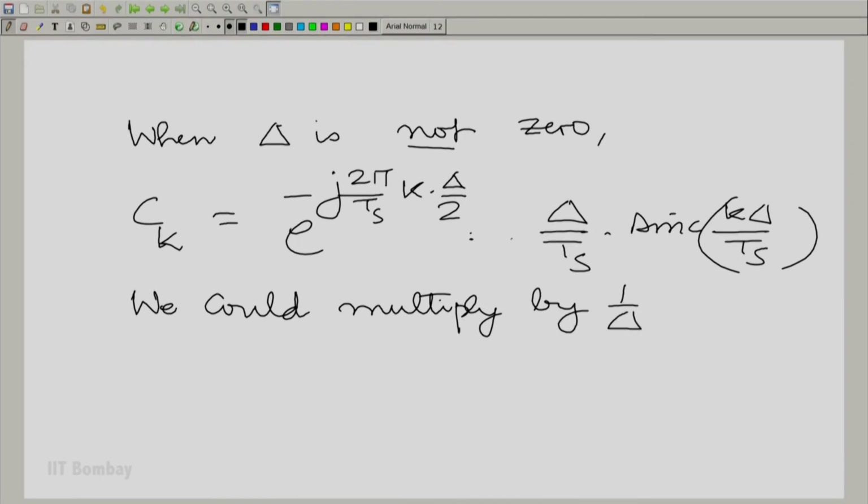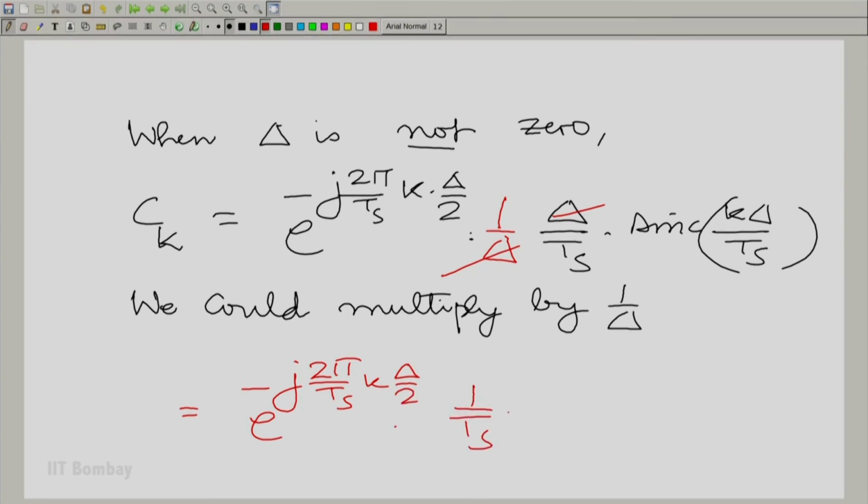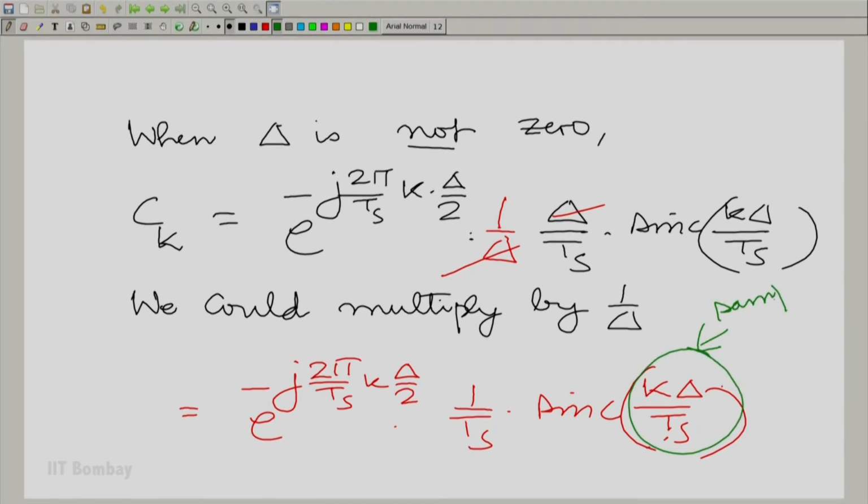Then you would get a 1 by delta term here, and then the delta would go away. So, that would give you e raised to the power minus j and so on. At least this delta would not be outside. Now, remember what you are doing is essentially sampling the sinc function, you are taking values of the sinc function at every multiple of delta by Ts.